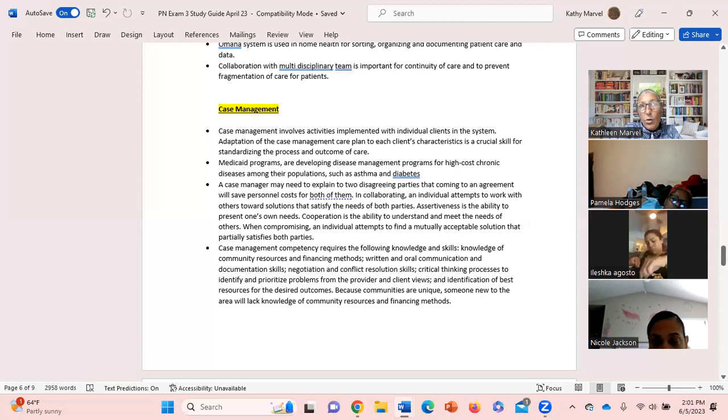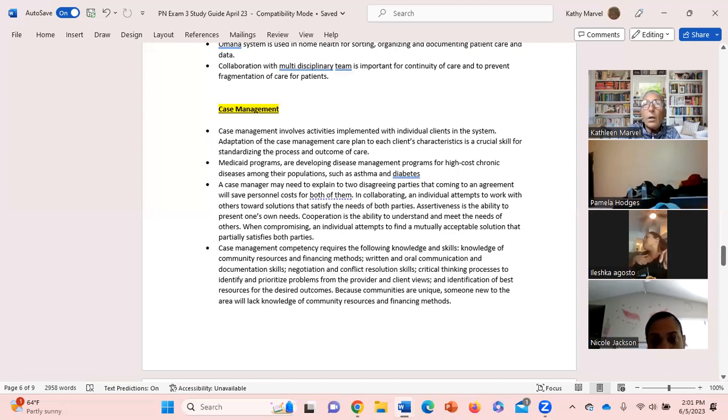Case management is usually reserved for the more complex kinds of clients, maybe with multiple comorbidities. Let's say you have a client with mental health issues and substance abuse issues. Case managers work to coordinate all the care. Some of the different groups that you may be working with are the discharge nurse, the home health agency, PT or OT or speech or respiratory or medical equipment.